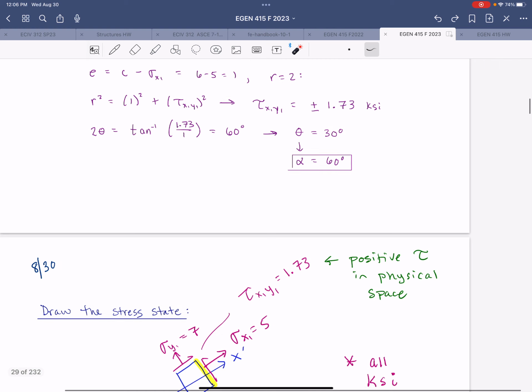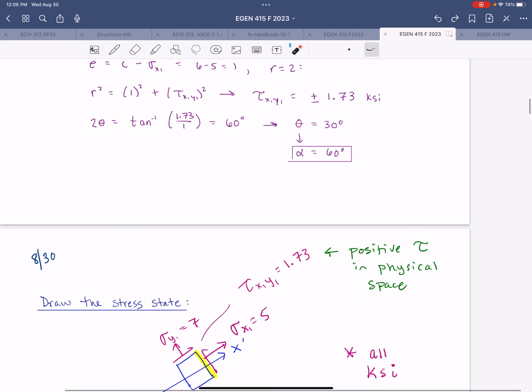So we came up with an alpha of 60 degrees, and that corresponds to a stress element rotation of 30 degrees. Based on the figure, that's going to be a counterclockwise rotation.